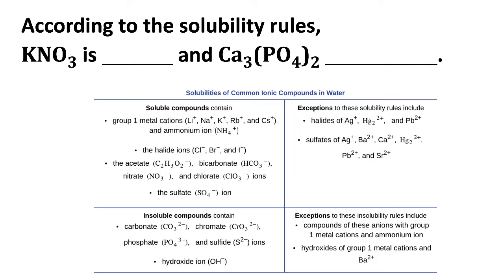Now previously we saw that we can determine whether an ionic compound is soluble or not by referring to what are called the solubility rules. And when we do that, we can see that potassium nitrate is soluble and calcium phosphate is not soluble in aqueous solution.